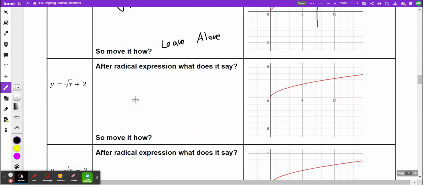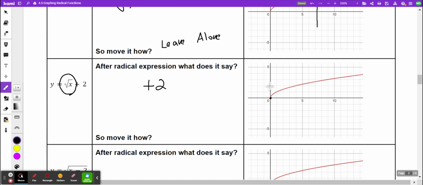So on this one, we have the square root of x. And it says, hey, plus 2. After the radical expression, so here's the radical expression, what does it say? It says plus 2. So how's it going to move? Well, if I have $0, and then all of a sudden, at the end of the statement, he's like, hey, guess what? You got $2.